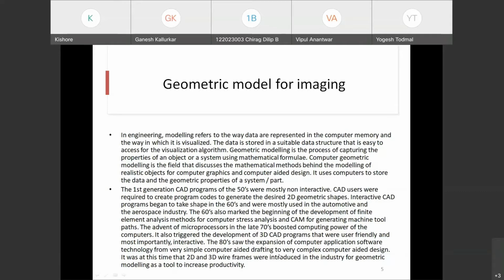The advent of microprocessors in the late 70s boosted the computing power of computers. It also triggered the development of 3D CAD programs that were user friendly and, most importantly, interactive. I'm not sure if you have ever checked this: if you do a simulation, you may use Abaqus for that matter, or any CAE software, and save it, for Abaqus it saves in .odb format, output database format.